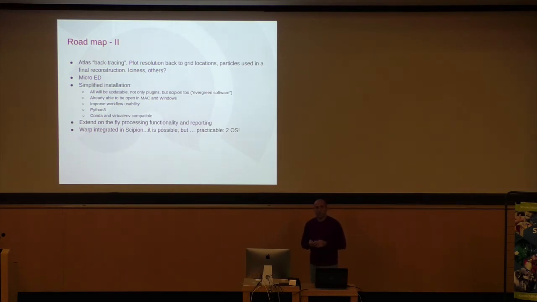So probably the next version will be the last version you need to install, and the next ones will be just updates. As a consequence, we can open Scipion on a Mac, which before was impossible, or on Windows machines. We don't have a specific roadmap for running this on Mac or Windows, but the fact is that now it's a standard code that can run on every operating system easily.